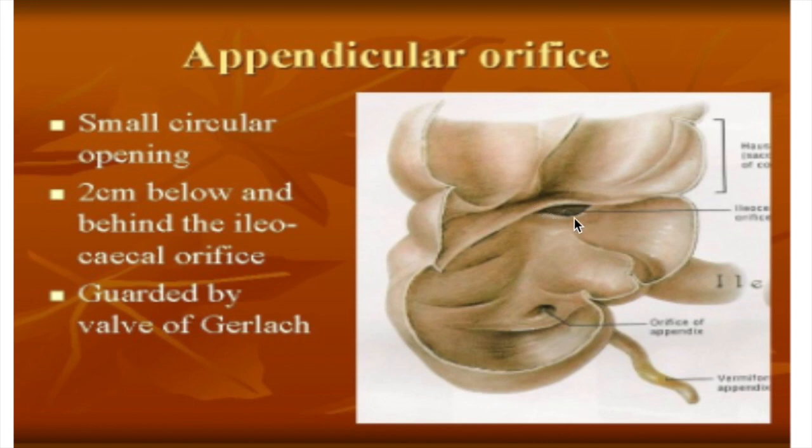Then, at its corners, these two lips extend as a frenula on either side. Then this is the appendicular orifice, which is opened on the posteromedial aspect of the cecum, exactly 2 centimeters below the ileocecal orifice. It is also guarded by a valve known as the valve of Gerlach. It is a small circular opening.